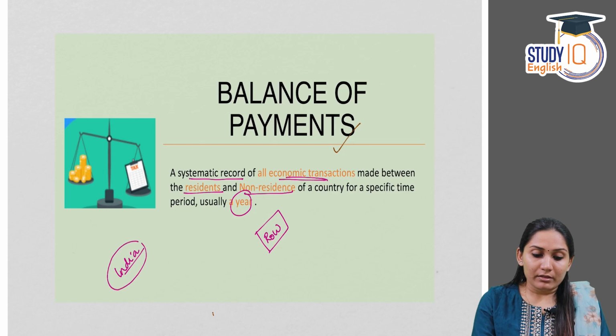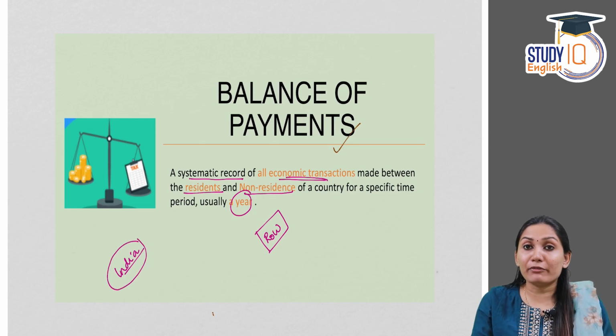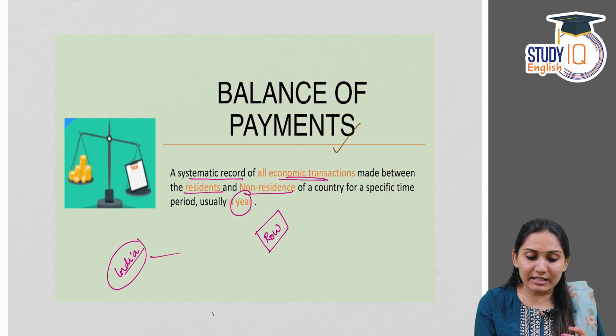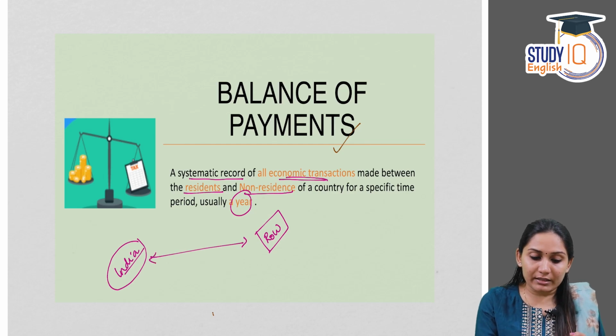Now, when we talk about the balance of payment for India, it is a record of all the economic transactions that have taken place between India and rest of the world. That is, the residents of India and non-residents belonging to rest of the world.